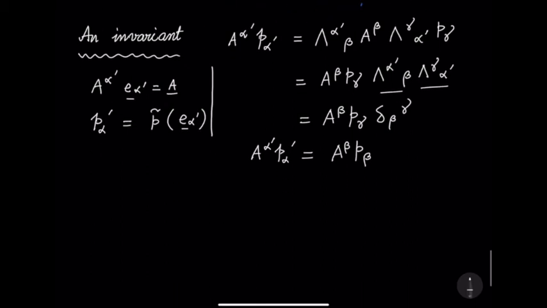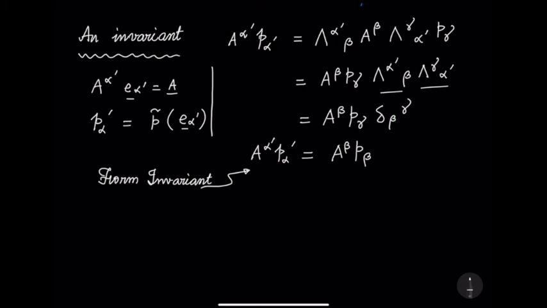So let us introduce this terminology. If I keep the form the same and change the coordinates, I get the exact same thing. That's why it's called form invariant.